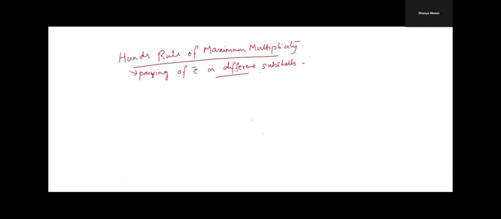For example, maybe I'll start with carbon. Carbon, the atomic number is 6, right?